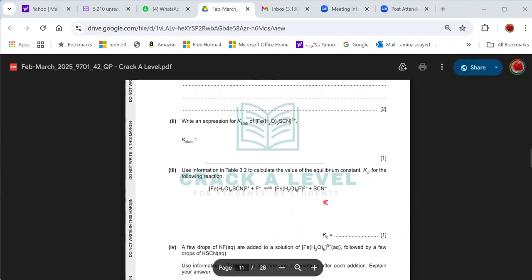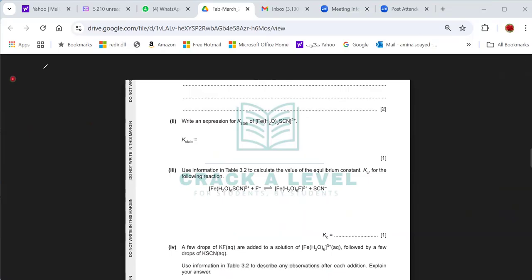So we have this reaction, and this means that the Kc value is equal to the concentration of the products times each other, which is the [Fe(H2O)5F]2+ times the concentration of the SCN negative divided by the concentration of the [Fe(H2O)5SCN]2+ times the concentration of the fluoride ion. So this is the Kc value.